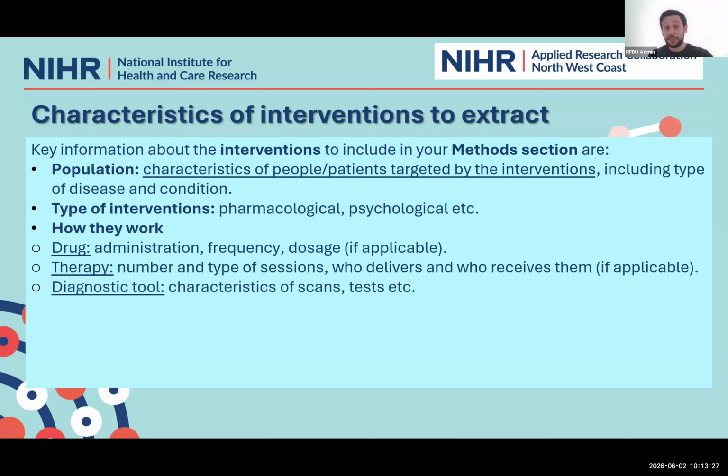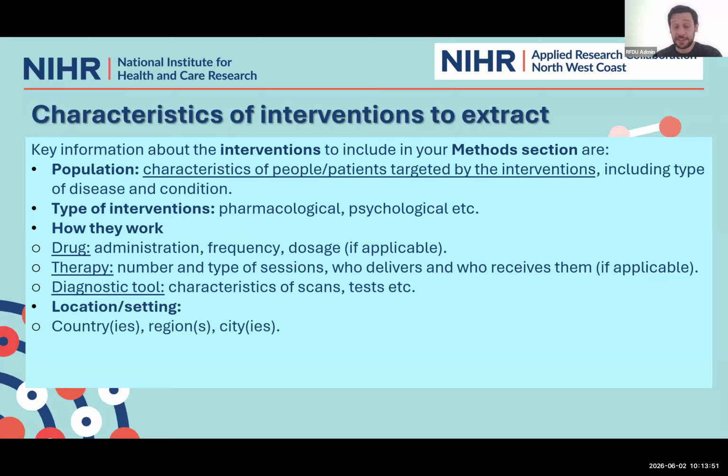If it's a diagnostic tool, we will probably try to find some information on the characteristics of the scans and the tests and so on. So all of this information regarding the interventions is typically located within the method section. There might be some exceptions in some cases, of course, but typically we'll find all this information in the method section.